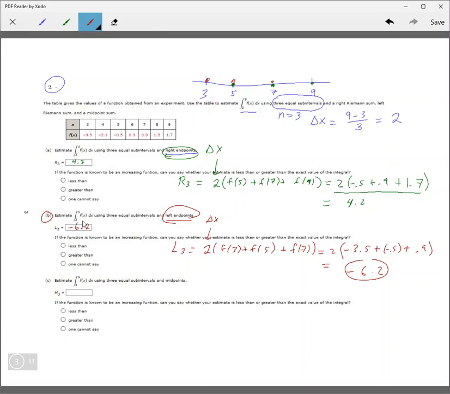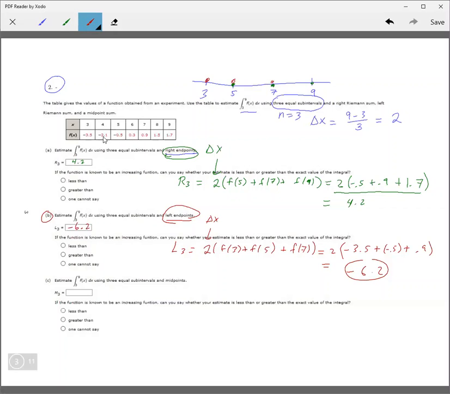Now, these are both supposed to be approximating the area under the curve, or the net area. But they're off by quite a bit. This is positive 4.2. This is negative 6.2. So there's a big difference between them.